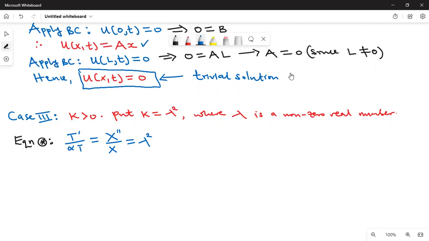Again, from here you can get a set of ODEs. From here you can get two ODEs.